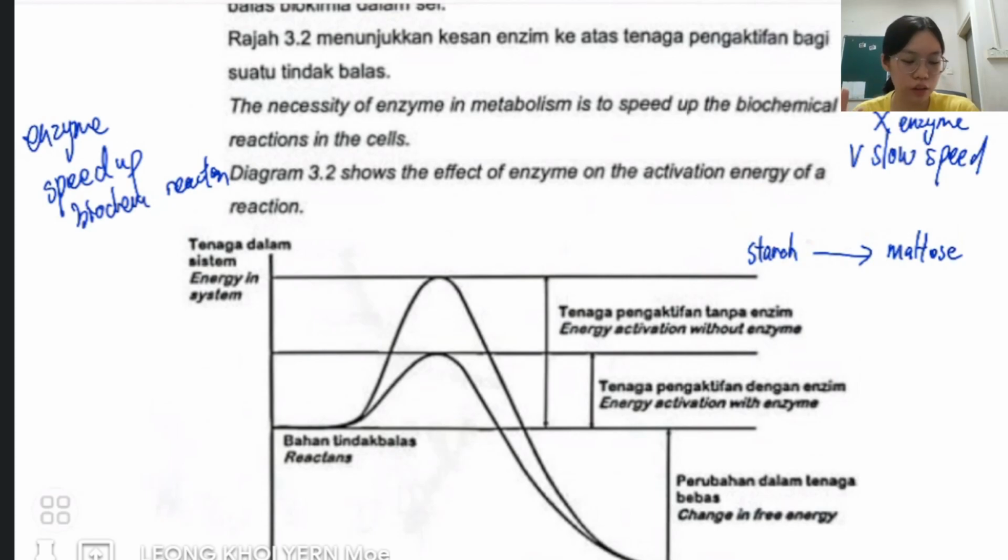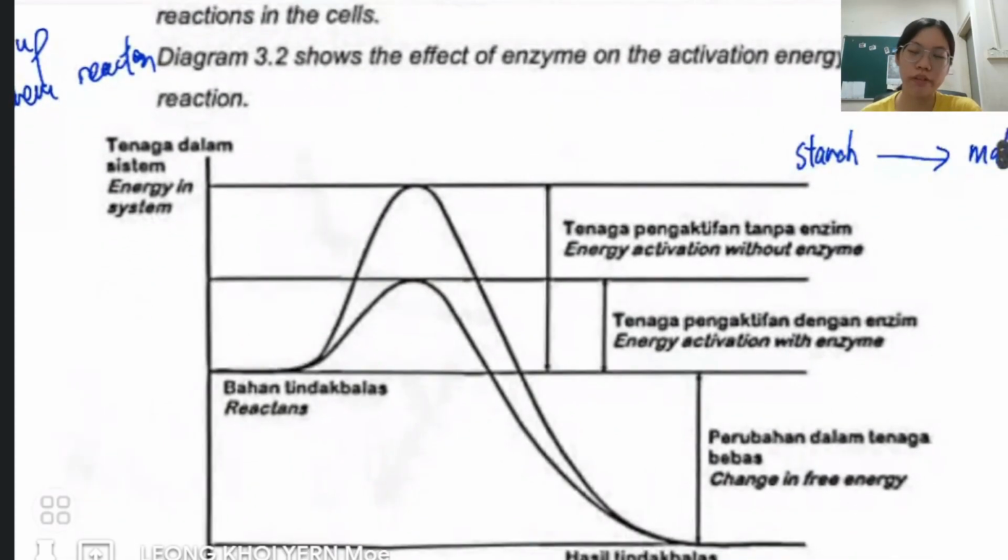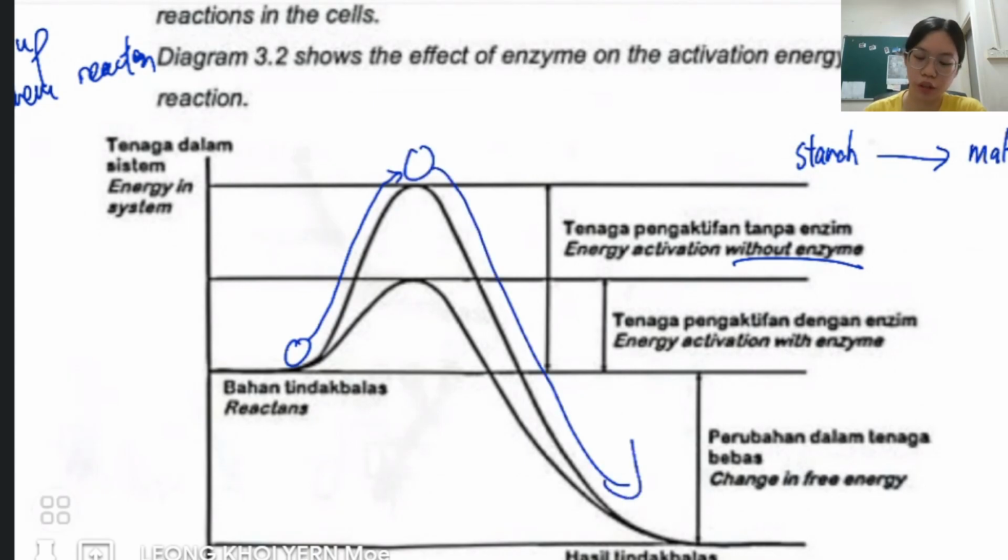So how do they act on it? It is basically by lowering the activation energy. Without enzyme, it's quite hard to achieve the activation energy, but it still can be achieved, needing a much longer time. So imagine you are rolling a ball from the reactant. You have to roll it so hard up the hill before it can go down to produce a product.